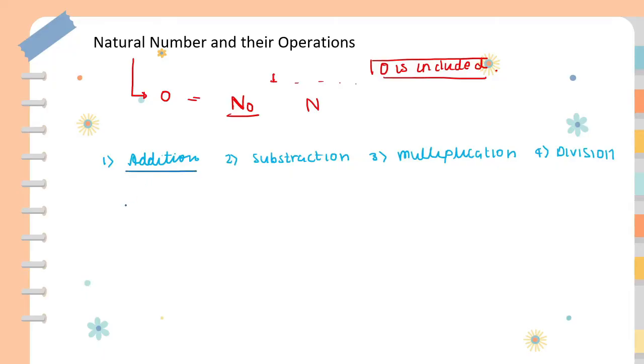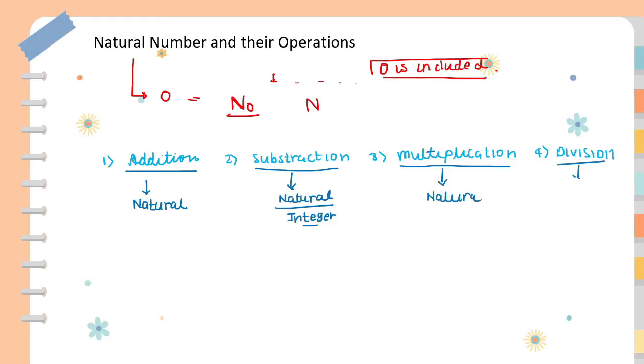For addition, if we add two natural numbers it will give a natural number. When we subtract two natural numbers, it will give either a natural number or an integer, although we do not have an idea about integers here, but we will get to it in a very short span of time. Multiplication of any two natural numbers will give a natural number, and division may give a natural or a rational number.